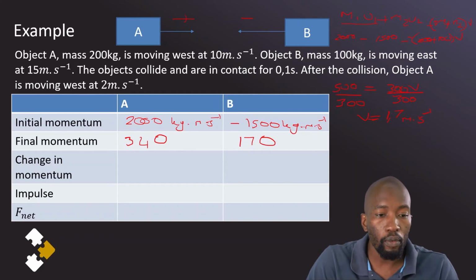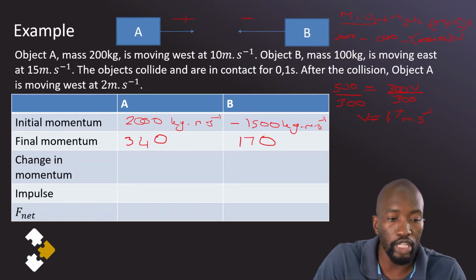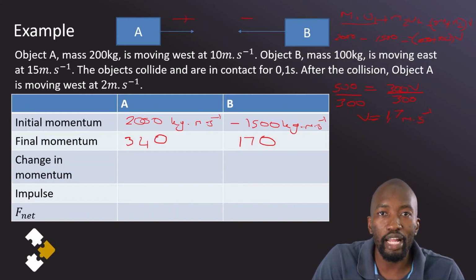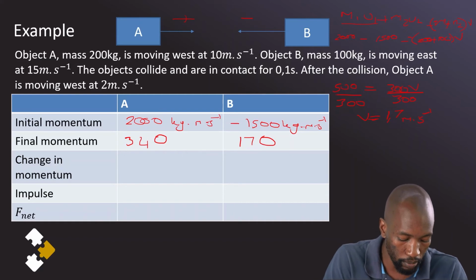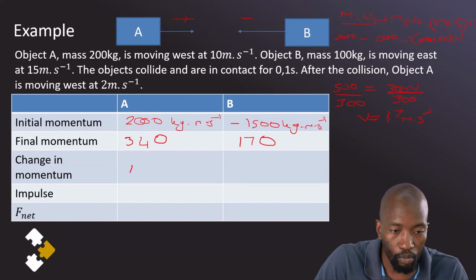There we go. Now it's quite easy for us to find the change in momentum. And how do we do that? The change in momentum is equal to the final momentum minus the initial momentum. So let's quickly find that on our calculators. That'll be 340 minus 2,000. Let's quickly do that. And that is 1,660.